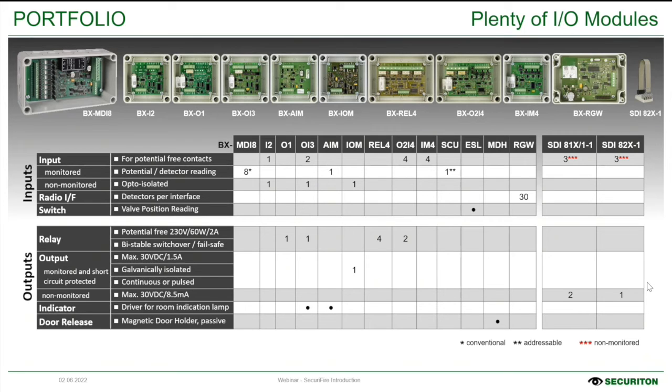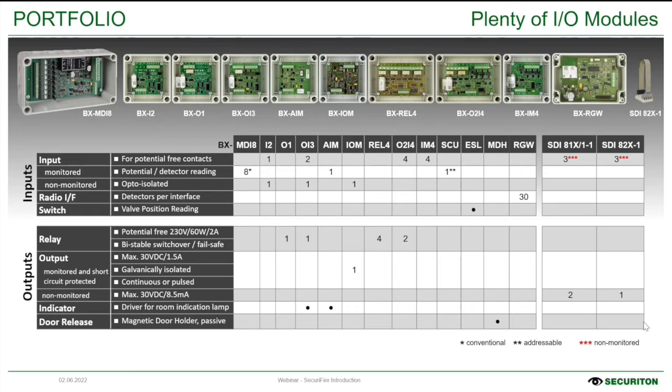The BX 083 is a special branch module, used to connect either beam detectors or third-party special fire detectors, which are then fully integrated into our Securiline. The BX AIM is a conventional line on the loop, to which you can connect either up to 32 detectors or even four X-zone detectors.